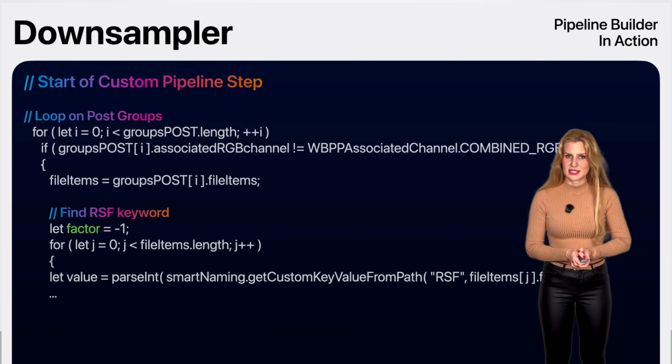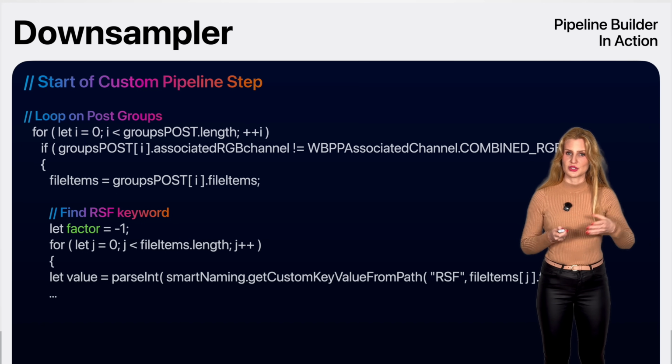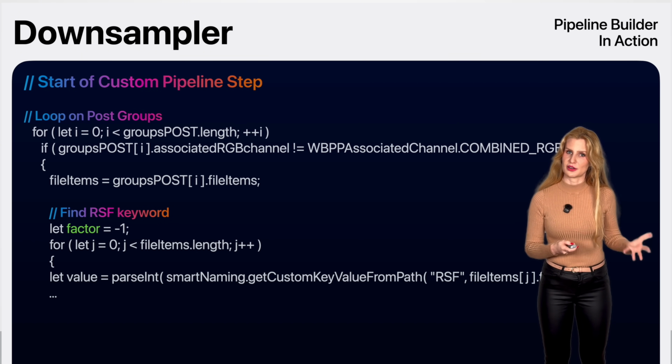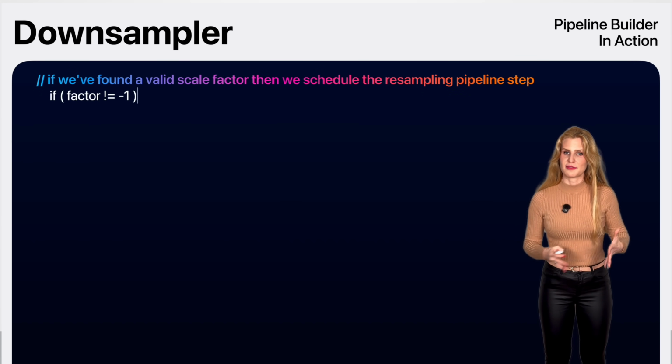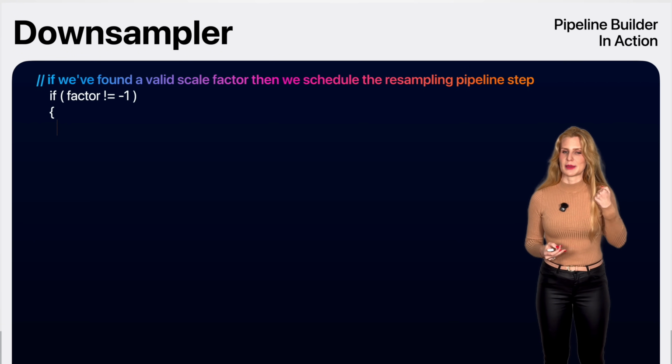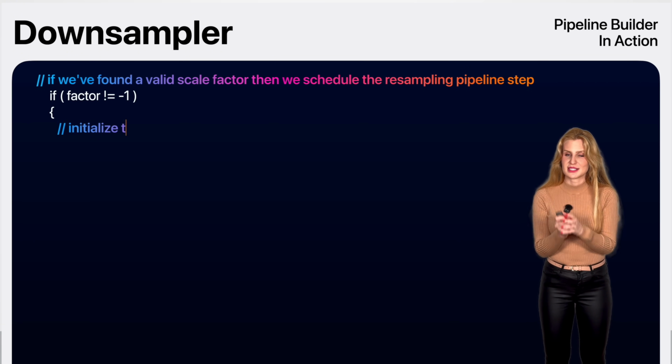The way this is done is we are actually provided a method to just get out the keyword and value automatically. So that's what we're gonna do. We have a default value of -1, then we try to get the value out of the current group. If we find a value and it is valid, and so we have a factor that is not -1, that means we expect that we have to downsample. So that's exactly what we're gonna do.